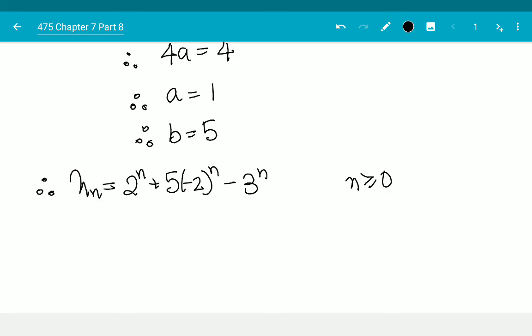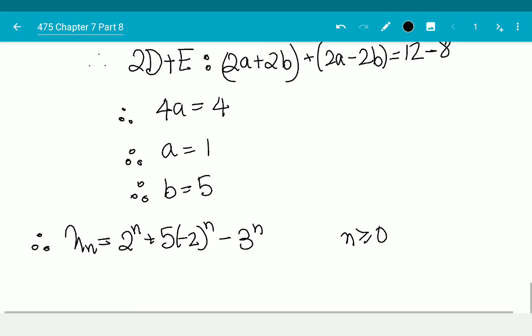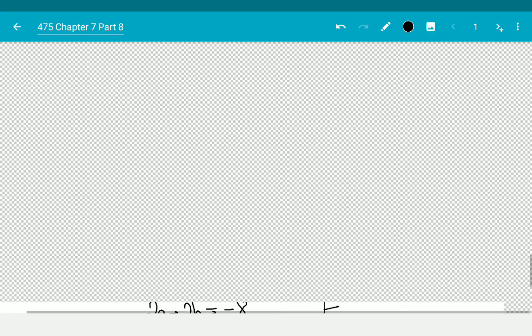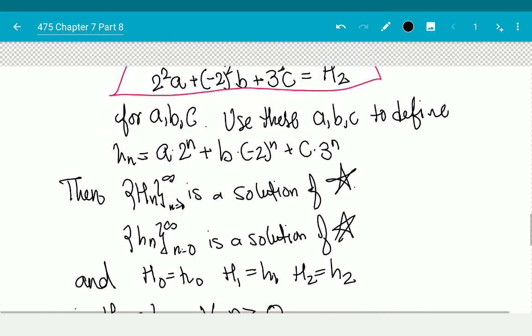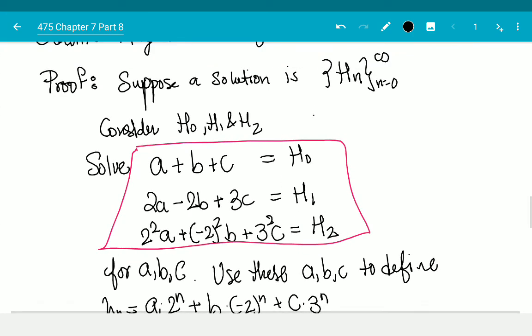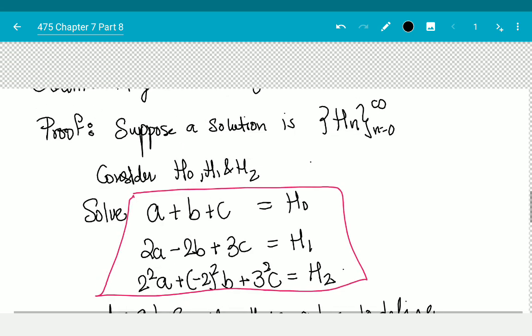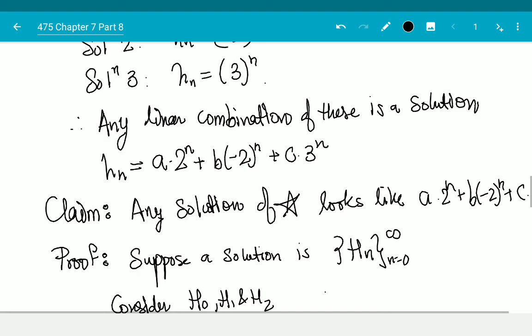This is the exact same method you'd have to use for every single problem. Every single problem is going to essentially come down to solving for these 3 equations right here, not exactly a, b, and c, but whatever.